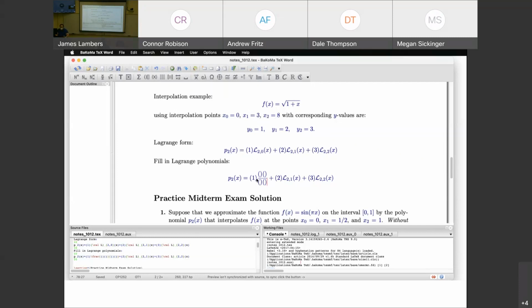So we have linear factors for the other points. Up top, we're going to have x minus 3 and x minus 8, because this corresponds to 0, so you leave it out. Down below, you have 0 minus 3, 0 minus 8. The way I always remember it in my head is whatever the interpolation point this Lagrange polynomial is associated with, where it's equal to 1, I literally say in my head, x minus the others, over, in this case, 0 minus the others.